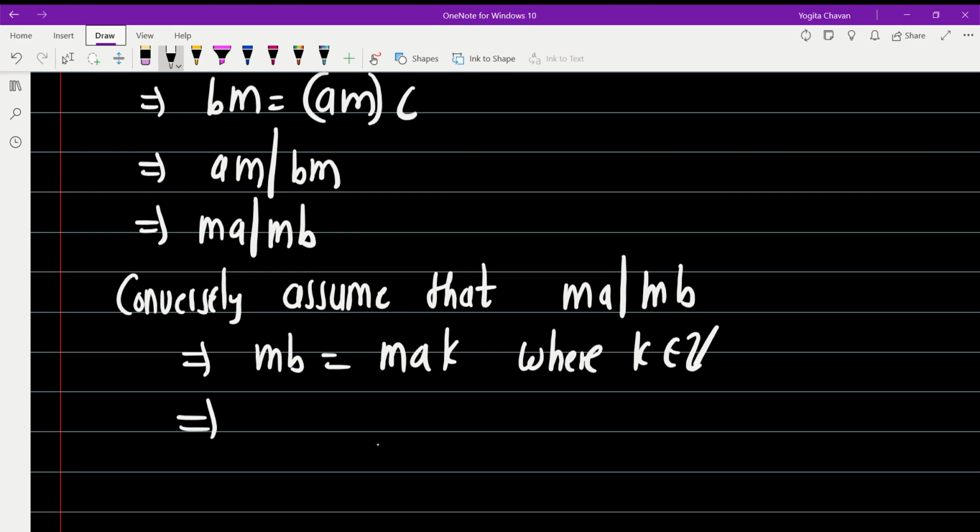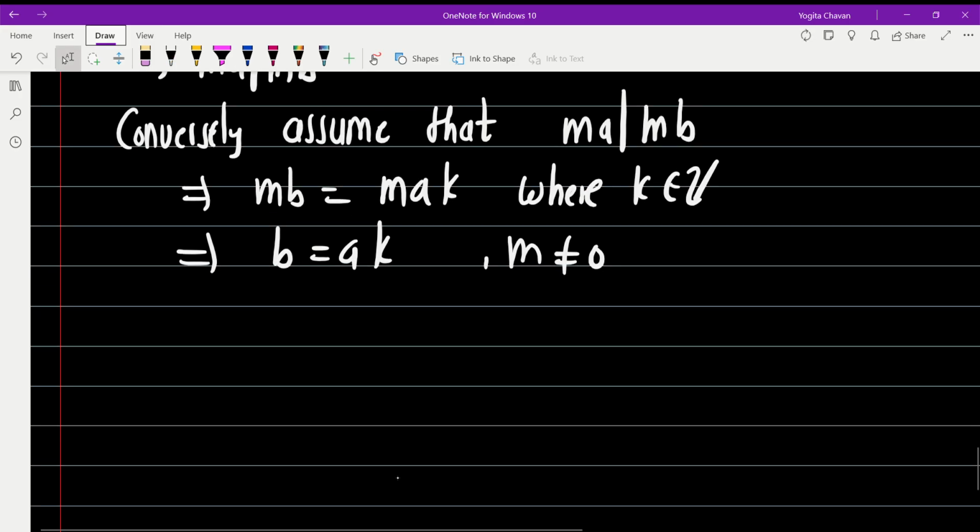Now as m is non-zero integer, so we can cancel. So b is equal to a into k. We can cancel m because m is not equal to 0, non-zero integer है तो उसे हम cancel कर सकते. This implies now b is equal to a into some integer, so a divides b. So if ma divides mb, then a divides b.